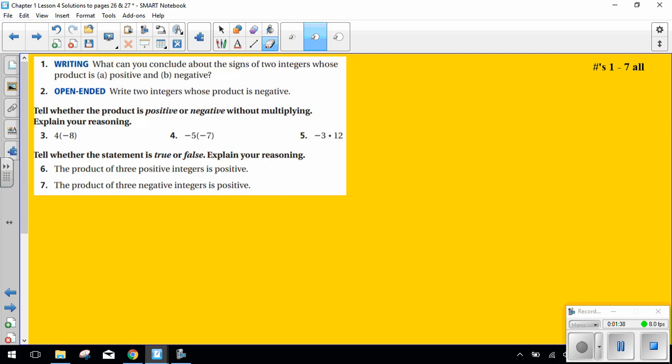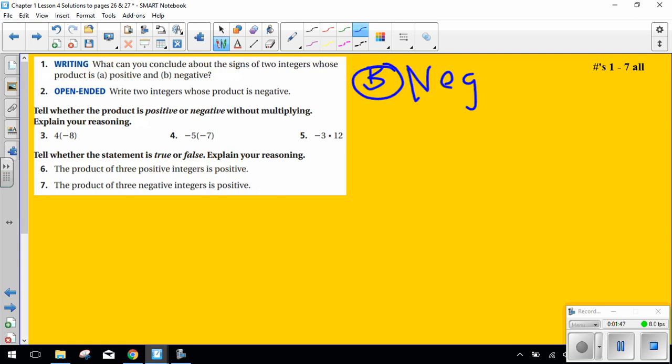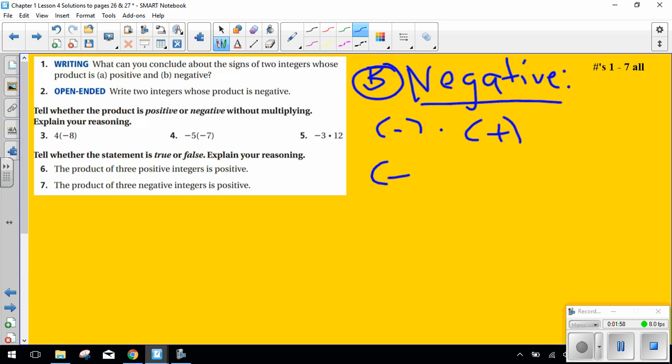what can we conclude about the signs of two integers when the product is negative? So for part B, to get a negative solution, we're going to have different signs. For example, a negative times a positive, or a positive times a negative.